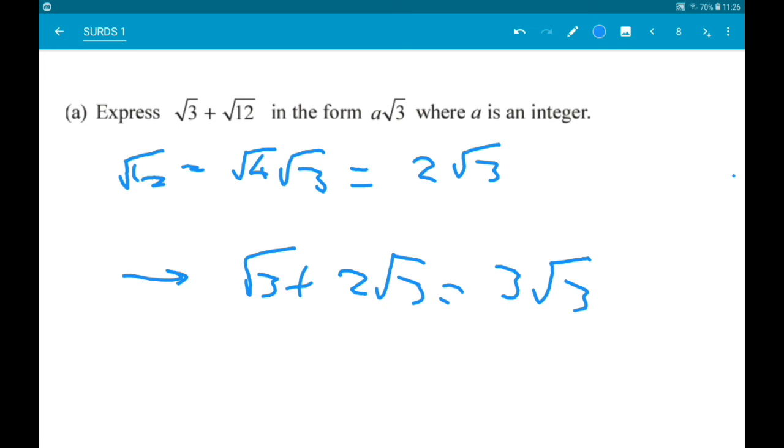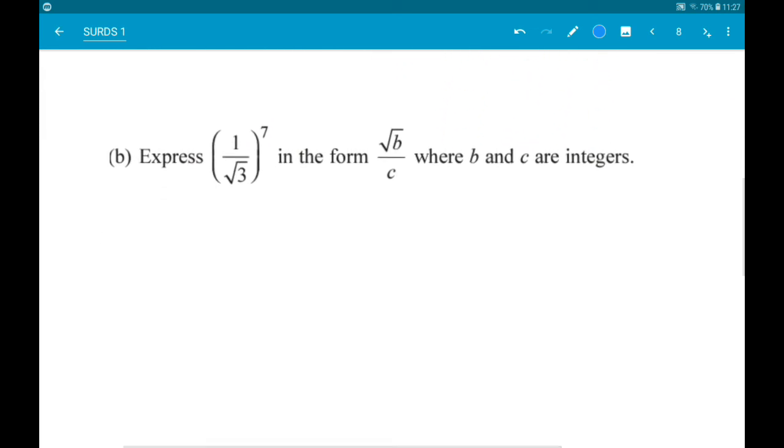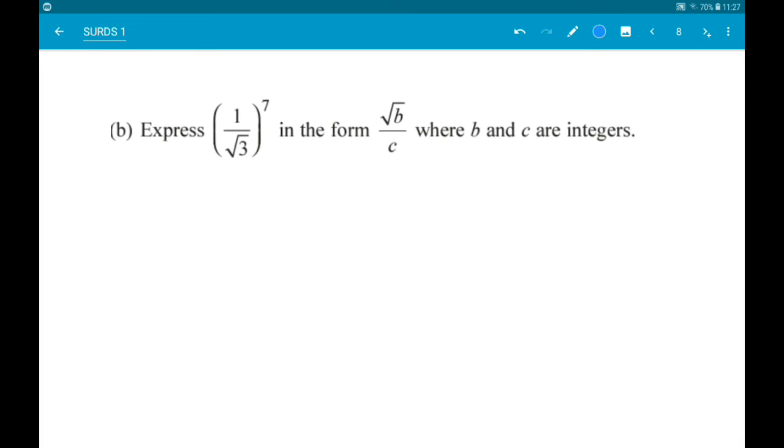Okay then, part B is a bit of a nightmare. So we want to express 1 over root 3 to the power of 7 in the form root B over C, where B and C are integers.